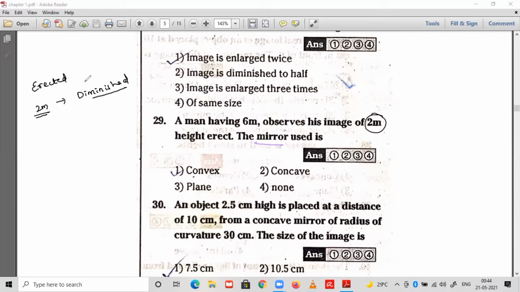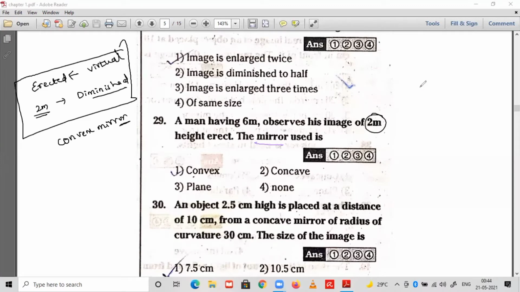So erected, diminished, and a virtual image is always erected. We get virtual, erected, diminished characteristics only for a convex mirror. But in the case of a concave mirror, we get a virtual, erected image that is enlarged. It is the enlarged characteristic. Remember this.